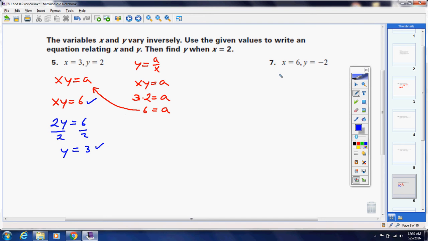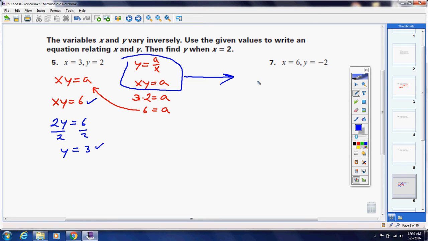All right, let's take a look over at this one. Again, it's the same instructions. The variables x and y vary inversely. So I can use either one of these equations to set up the equation relating this specific x and y. They give me x equals 6 and y equals -2.